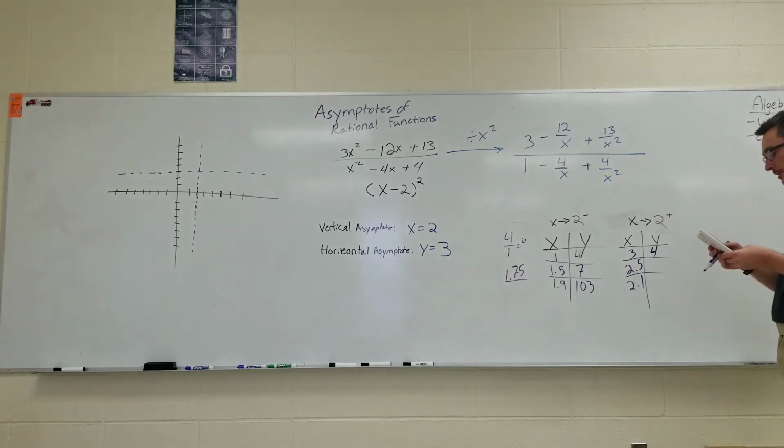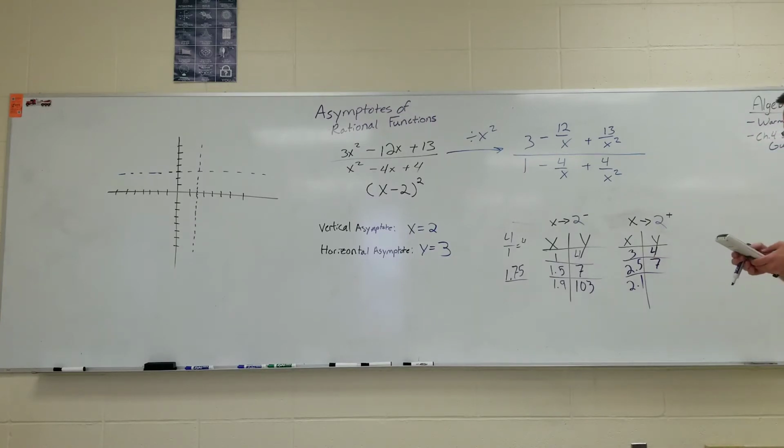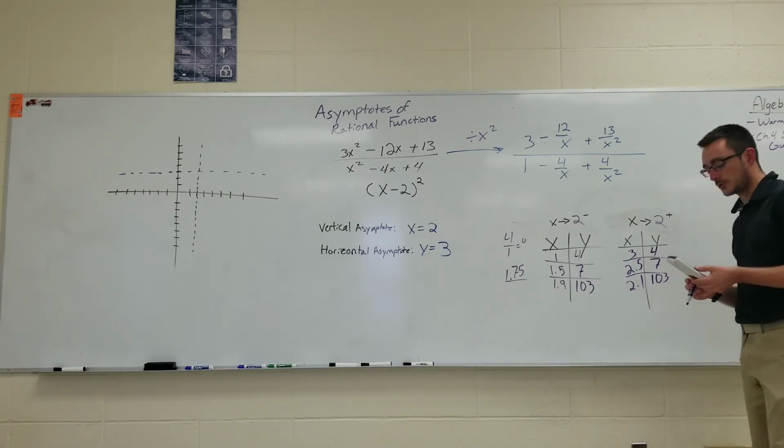And I'm wondering if we're going to get the same thing as the other side over there. I get 7 again. Well, that makes me feel a little bit better that I'm probably doing it correctly. That means that on both sides of the asymptote we're going to end up with something pretty similar. And even with this last one where it makes a big jump, it's going to go to 103.